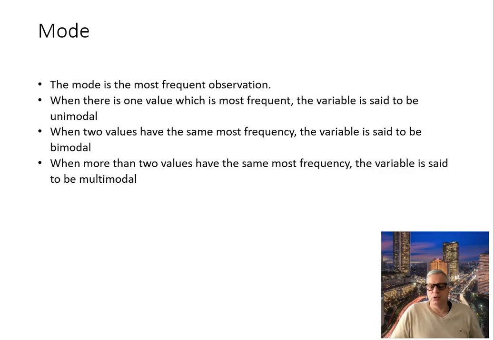But of course there could be data that has several modes, and then we will say the series of data is either bimodal or multimodal. The mode is simply the most frequent observation.